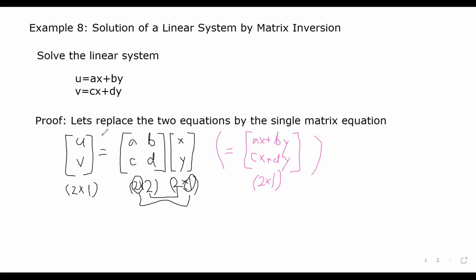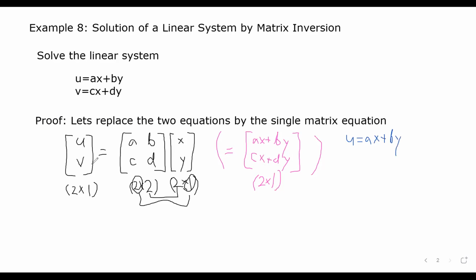Saying that this matrix equals the product of these two matrices is really saying that this matrix is equal to this matrix. But if they are equal, then U equals AX plus BY, and V is equal to CX plus DY, because the only way two matrices are equal is if they're the same size, which they are, and corresponding entries are equal.